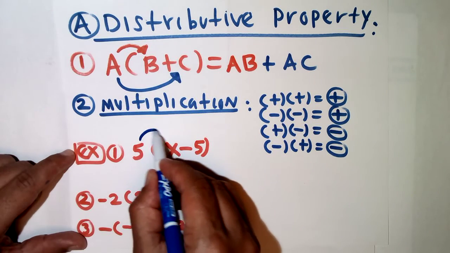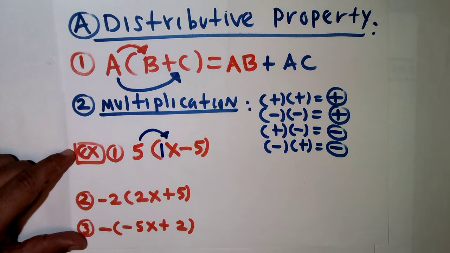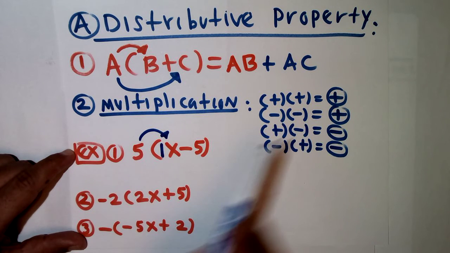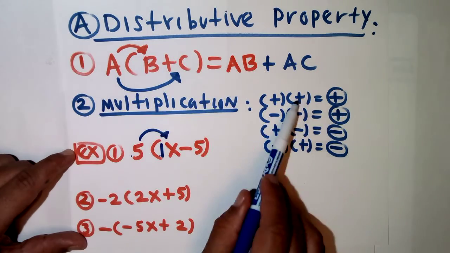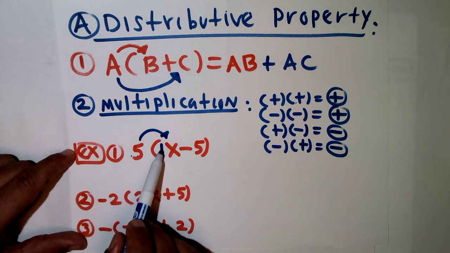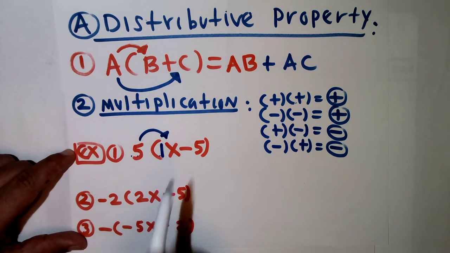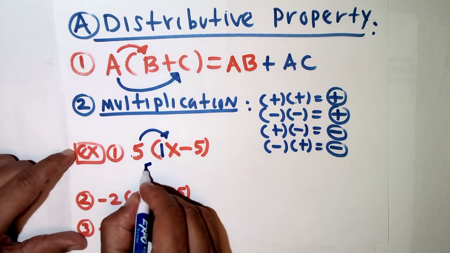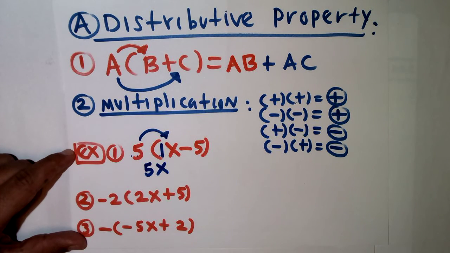I need to multiply these two first. Remember what I told you before. Let's go to the rules. 5 is positive, 1 is positive. Since they're both positive, you're going to end up getting positive. 5 times 1 is 5. So 5 times 1x is just 5x, positive.